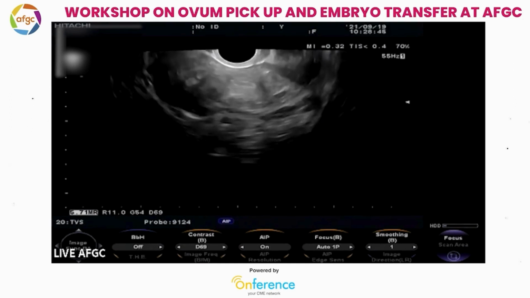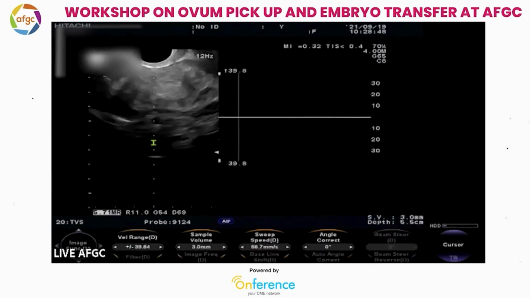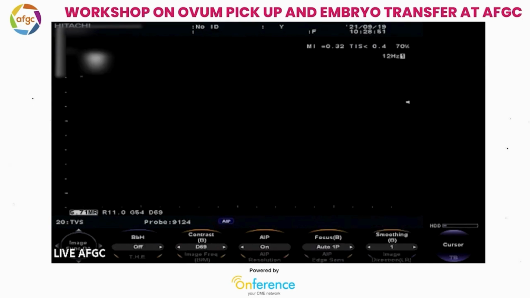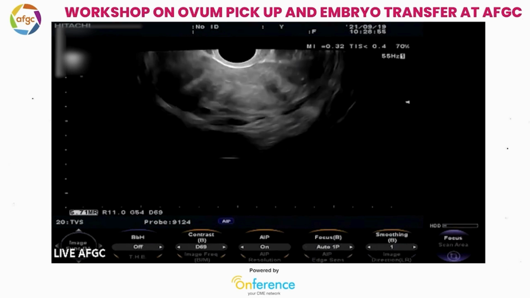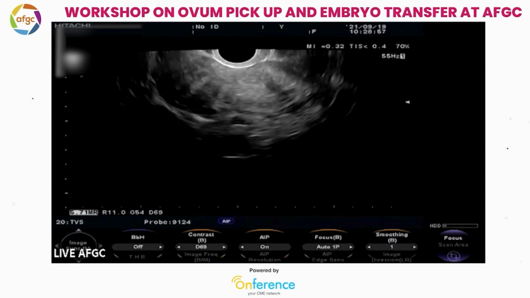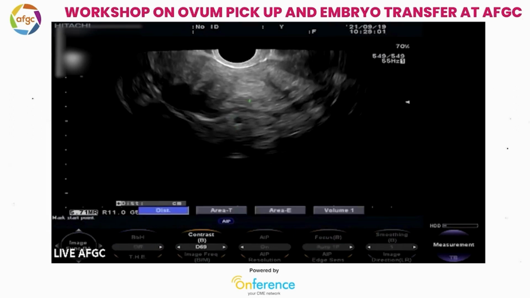Color. So if you see this view, this is my transverse view. I have the endometrium here, and on this side is the fibroid.